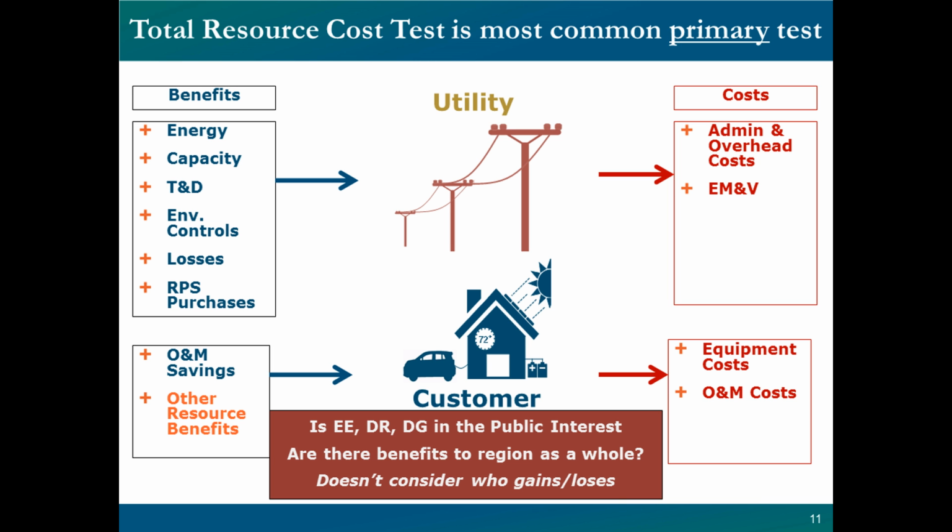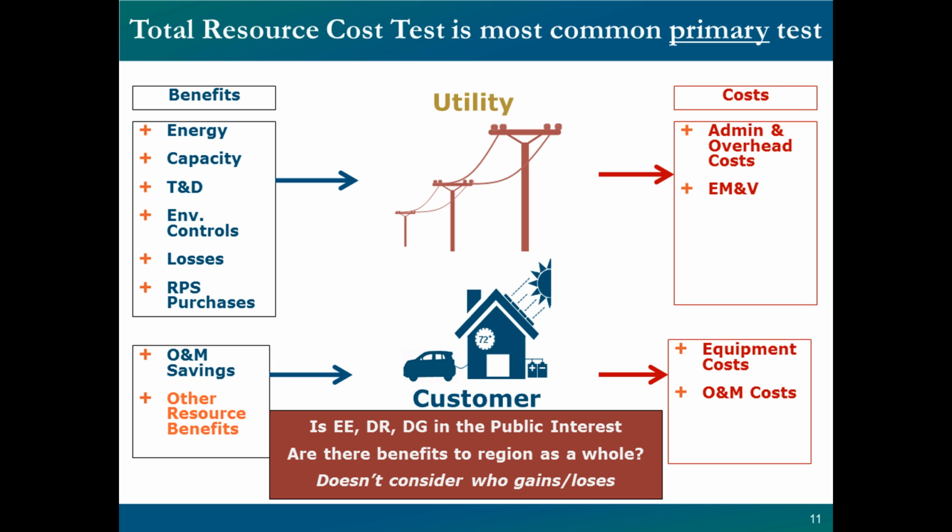That's a benefit from a TRC. And then, depending on which state, other resource benefits get included as well. Often natural gas savings, if it's some kind of shell measure, which I know we're focused on here, it would be a biggie, as well as in some places water or other components.